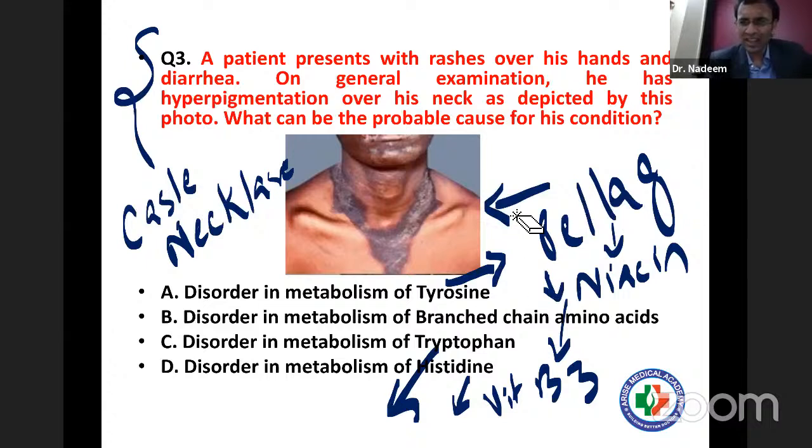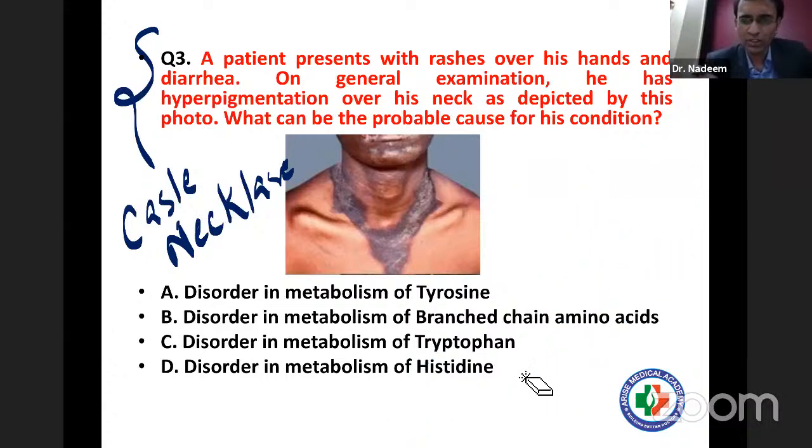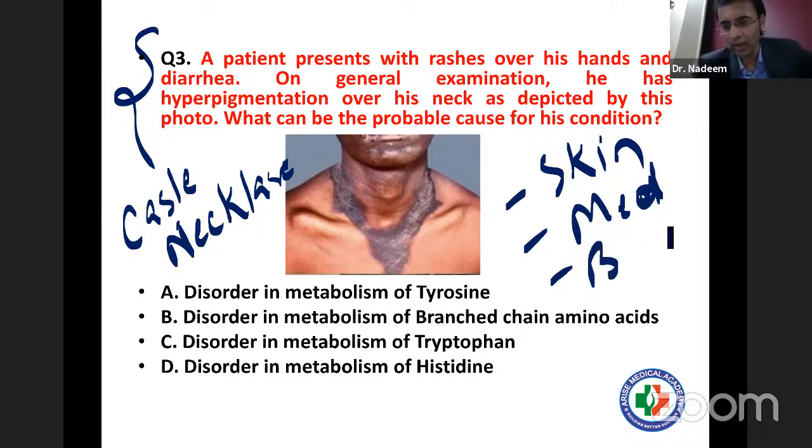You can tell me that, okay, fine, this can be a question of dermatology, a question of skin, or a question of medicine. Yes, fine, accepted. But finally, I'm asking you the question of biochemistry. Answer me, please. I hope you remember the metabolism of this one.